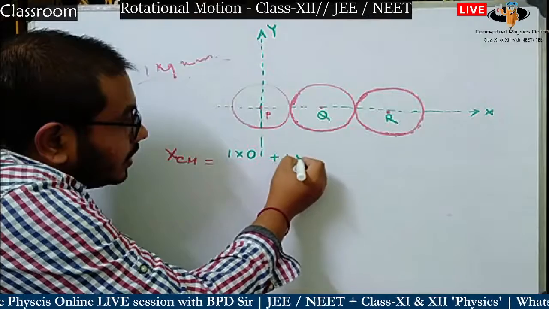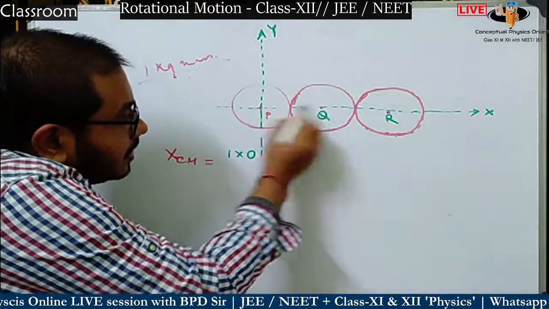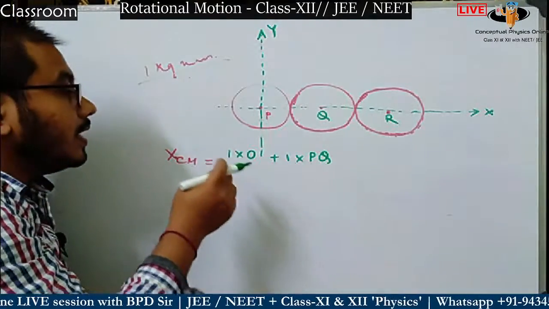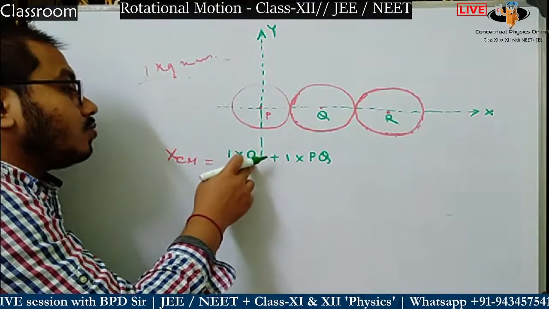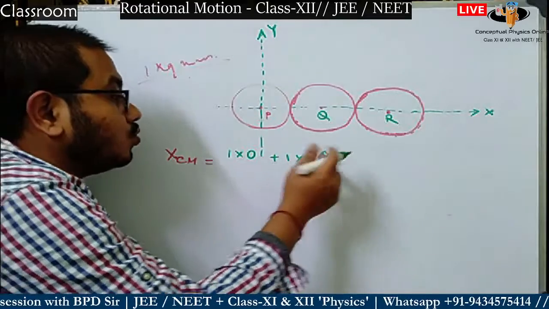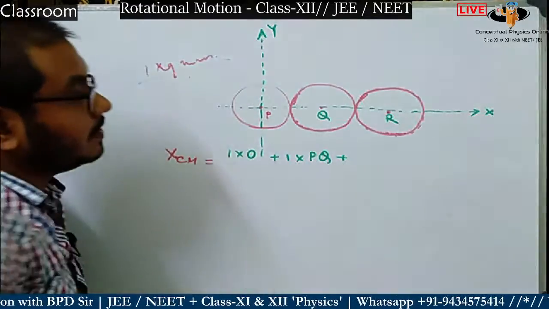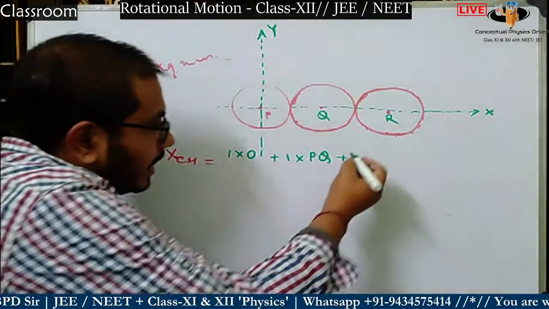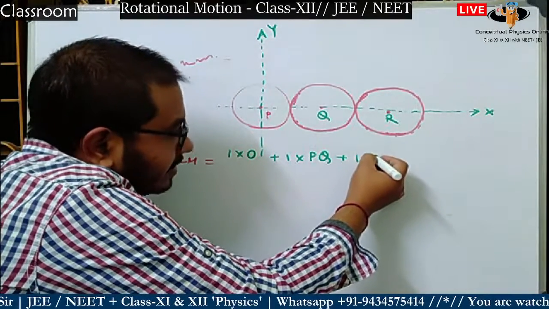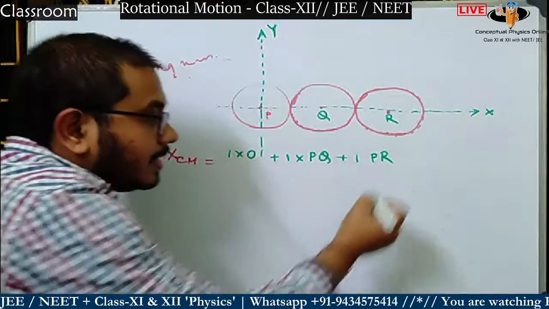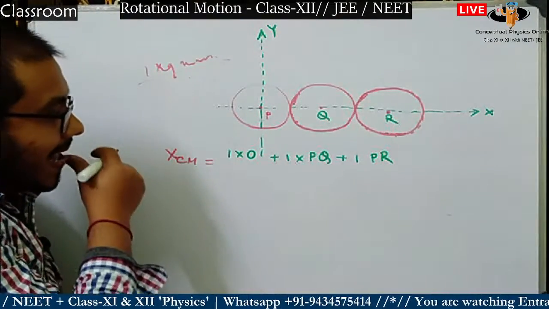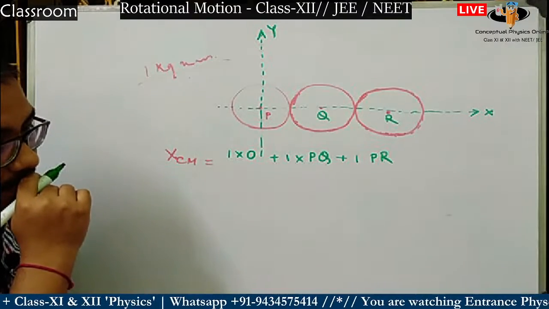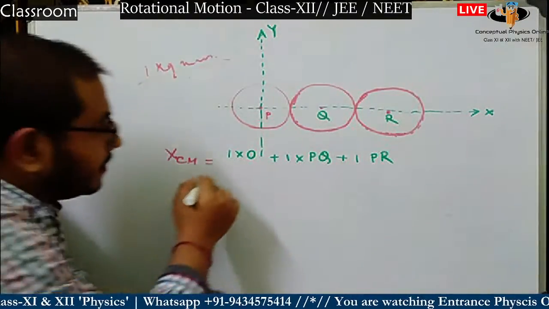Next is 1 into PQ, this length we are taking, M1 x1 plus M2 x2 plus M3 x3, where PR will be there, right?